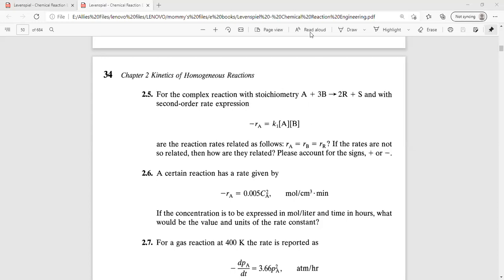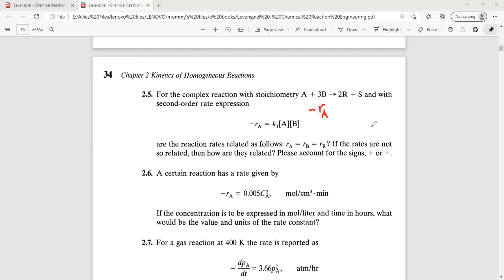So if this is your stoichiometric equation, how would we properly represent the relationship between the rates, Marcel? It says here that rate of A is equal to rate of B is equal to rate of R. You don't agree with this, right?